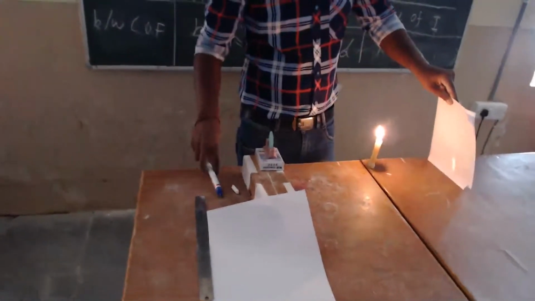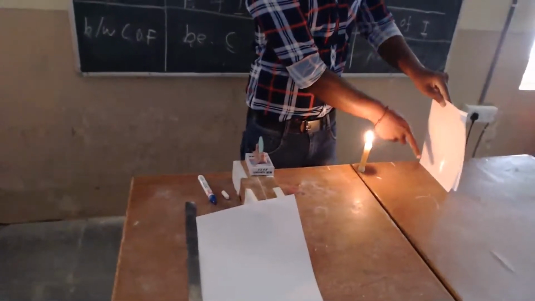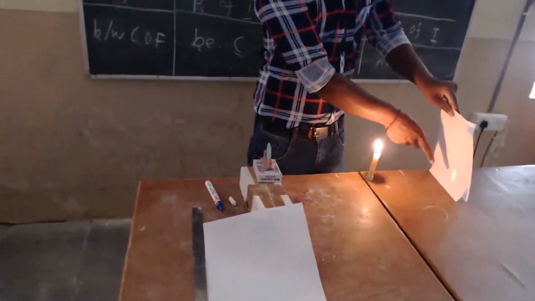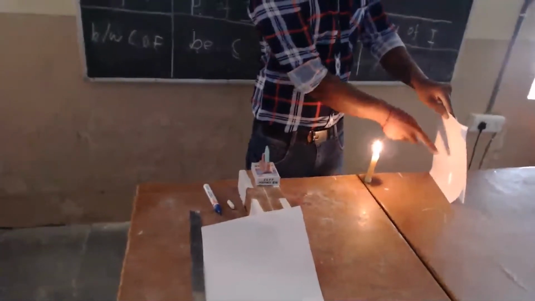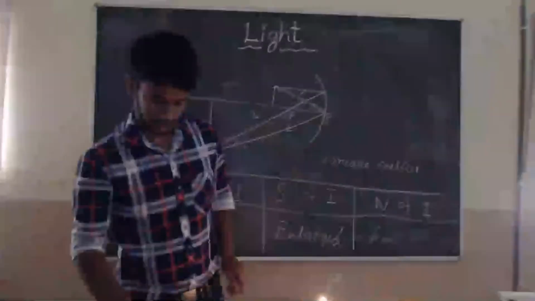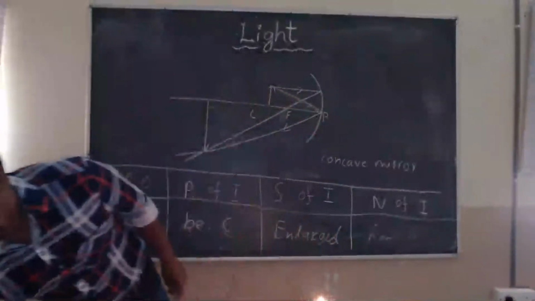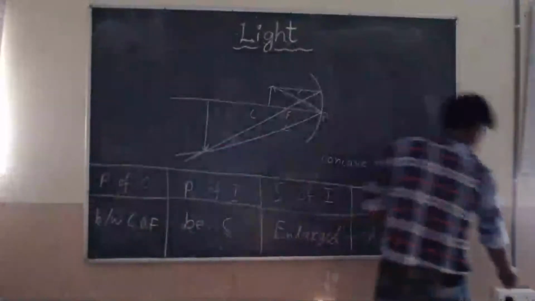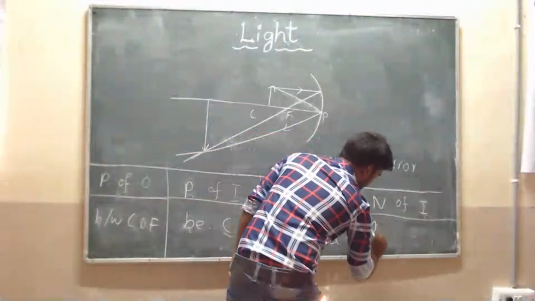Okay, see, now the position of the image is behind C. Now what about nature? Nature is, it is real because we are getting it on the screen, right? So that's why the nature of the image is real and it is inverted.